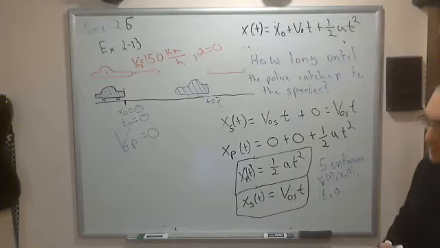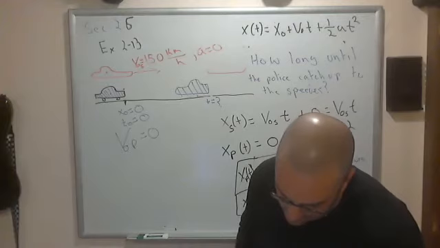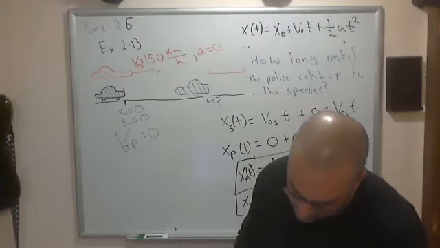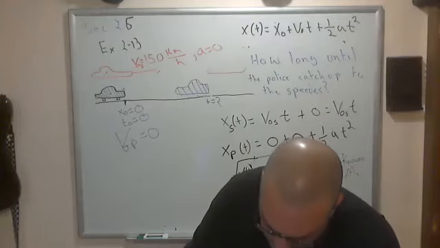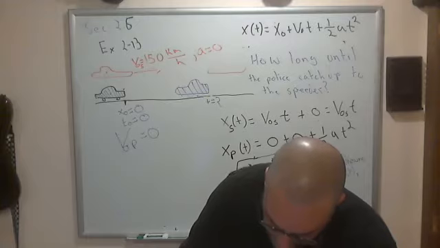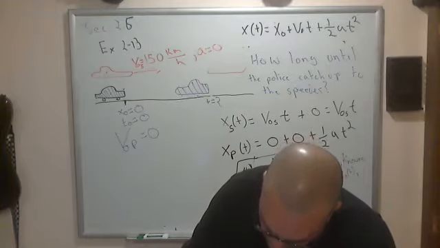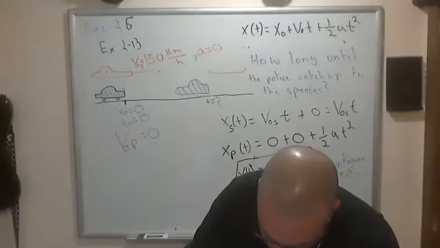Now, in this problem, let me read the problem. A car speeding at 150 kilometers per hour passes a still police car, which immediately takes off in hot pursuit. Using simple assumptions such as the speeder continues at a constant speed, estimate how long the police car will take to overtake the speeder.